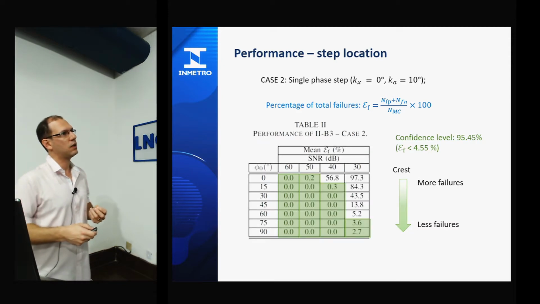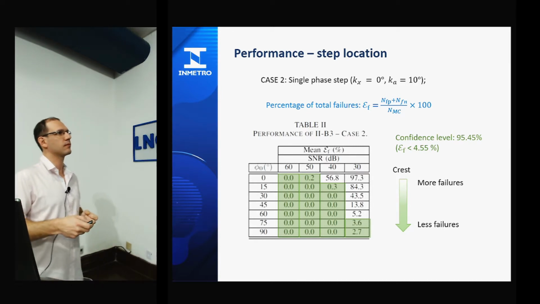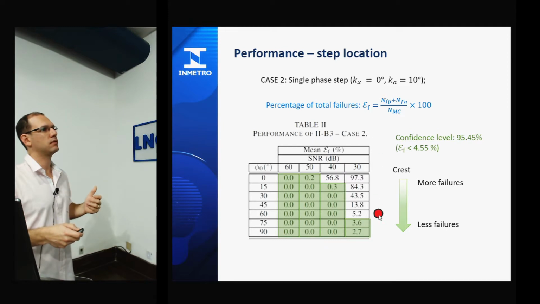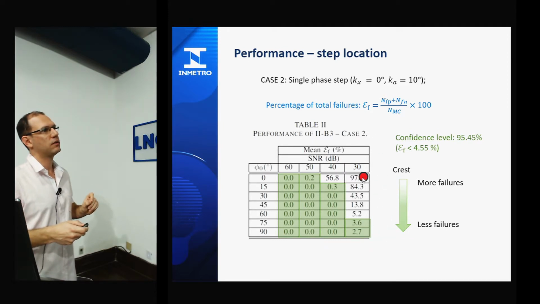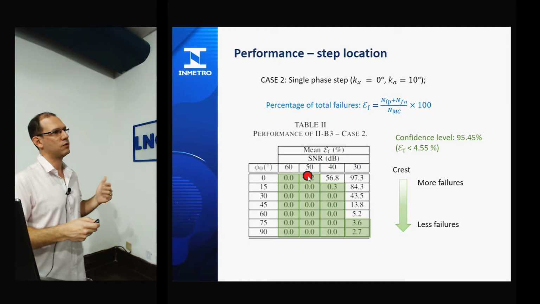For the second case, when we apply a single phase step using the same procedure, we can observe that we have more failures when the initial phase produces the step near the crest, and fewer failures when it goes far from zero.